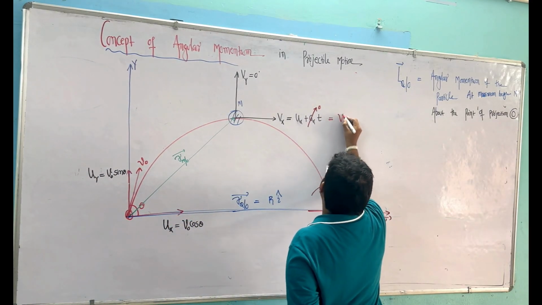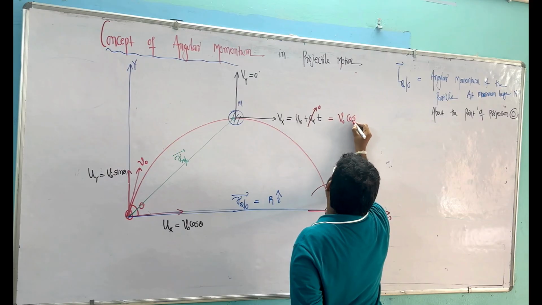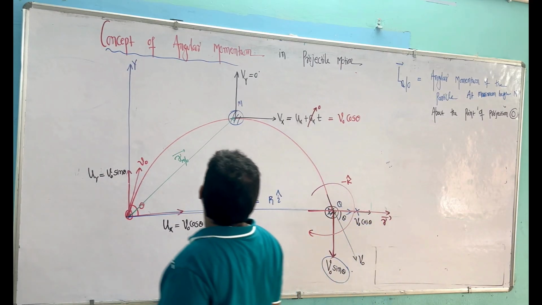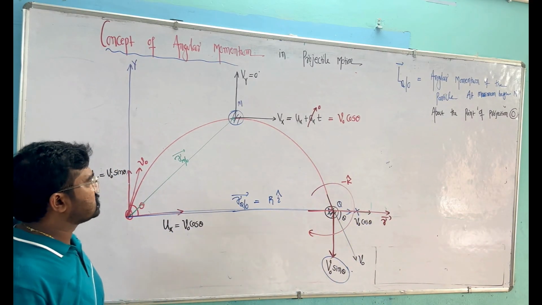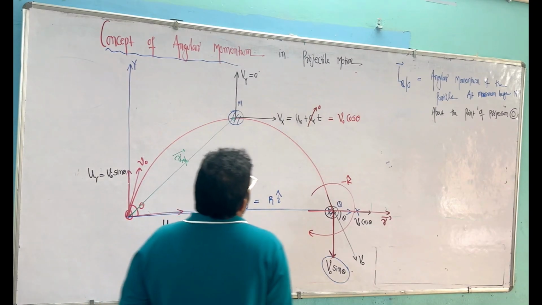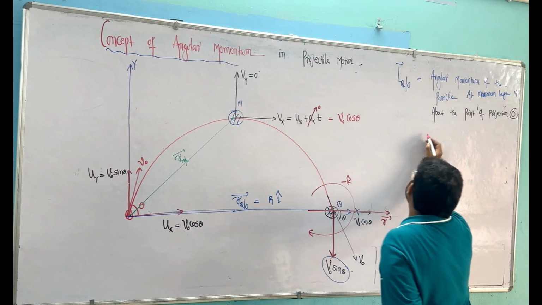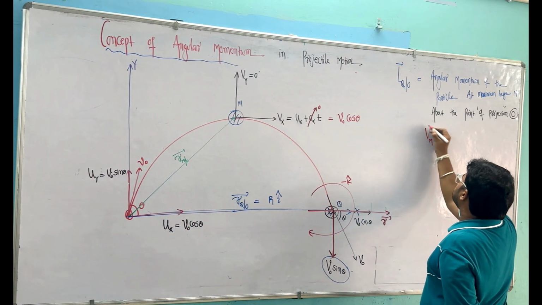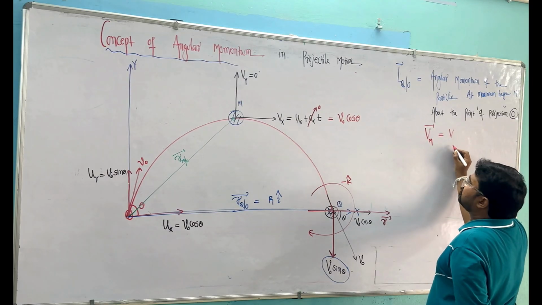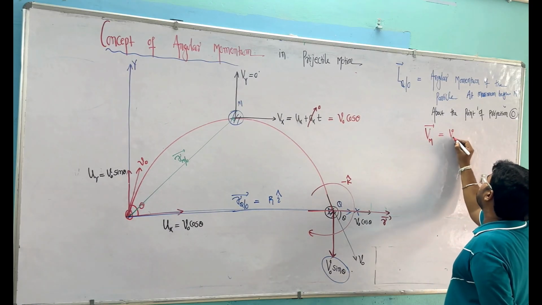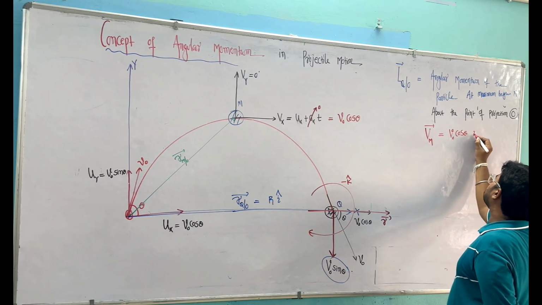So Vx equals V naught cos theta. That is Vm, right? Vm bar equals V naught cos theta I cap.